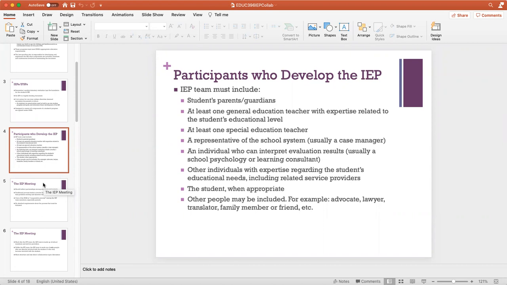In some cases, advocates can be very, very helpful. In some cases, they can be very challenging and, in the worst cases, damaging to the IEP process.